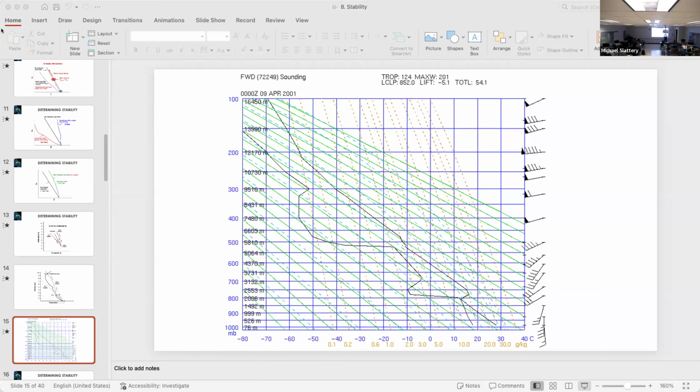That's the actual environmental lapse rate. Why does it skew right? What do we call it? Because temperature increases with height. There is an inversion. Temperature increases with height, just for a little bit. Look at the heights here. We're talking about a couple hundred meters.